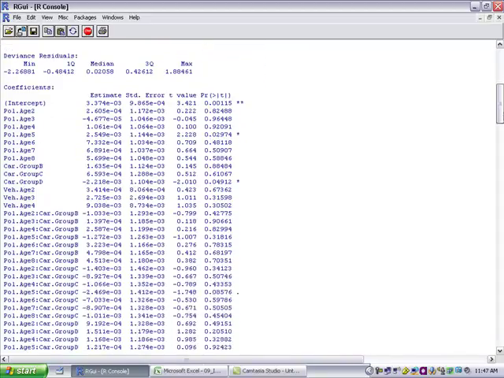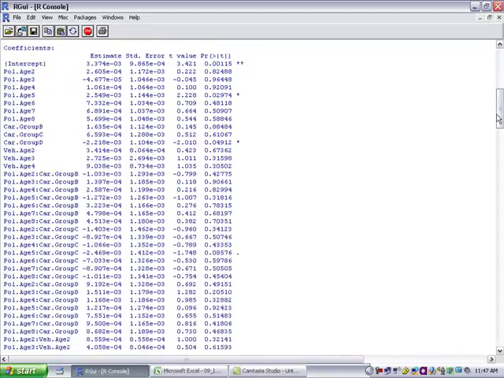Then you have a table with all the coefficients that have been estimated by the GLM. So the GLM is you have a linear model. Remember, it's beta times x. So you need here, and the policyholder age, for instance, you have 8 categories.